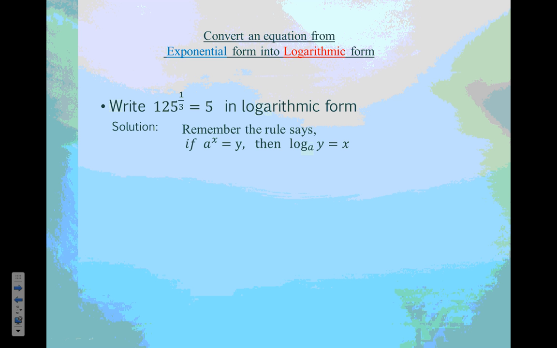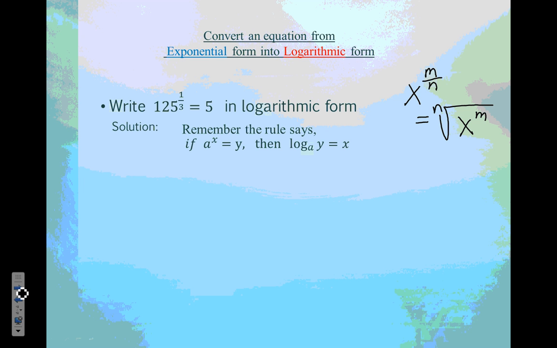Well, remember the rule that says x to the m over n, a fraction, can be written in radical form as the nth root of x to the m.